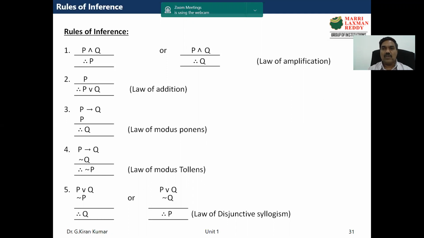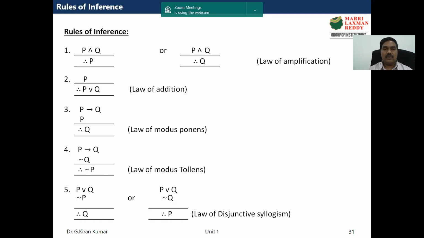If there are 10 propositions, then 2 power 10, that is 1024 rows, I need to construct for the truth table. Of course, that's not difficult, but it's definitely a tedious job.